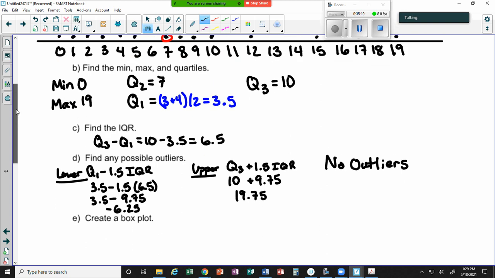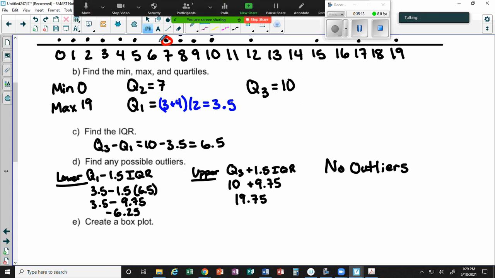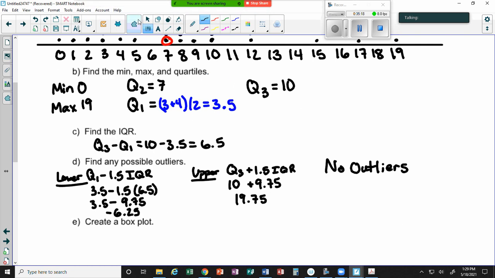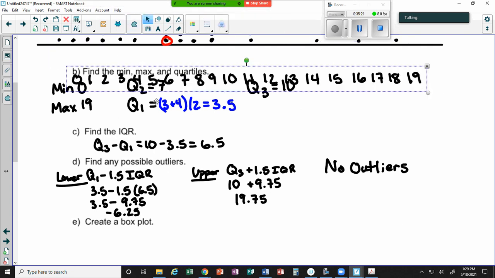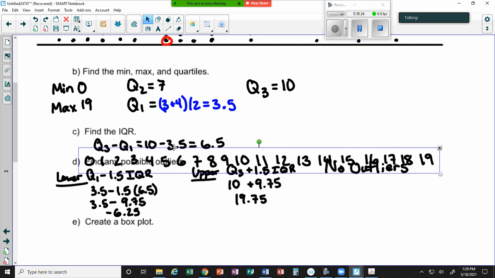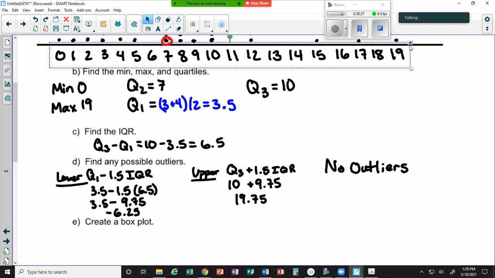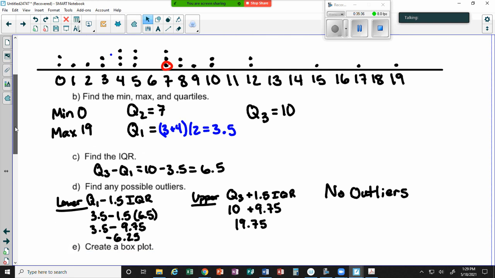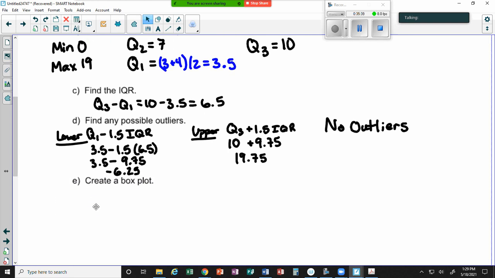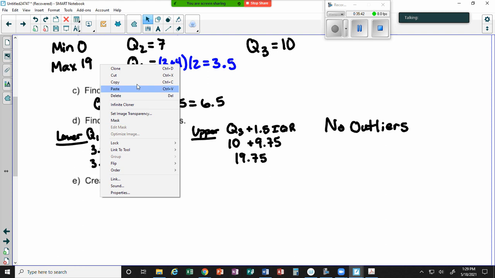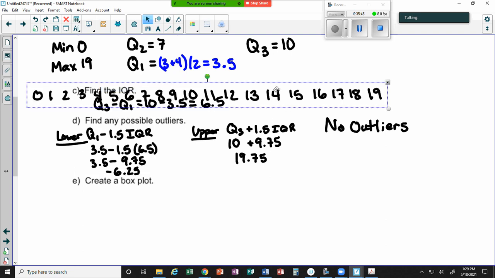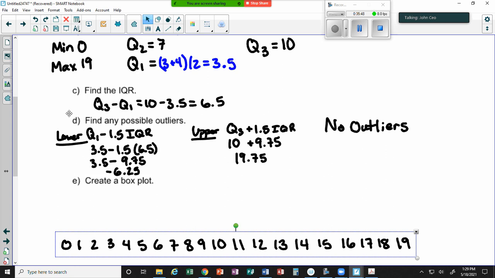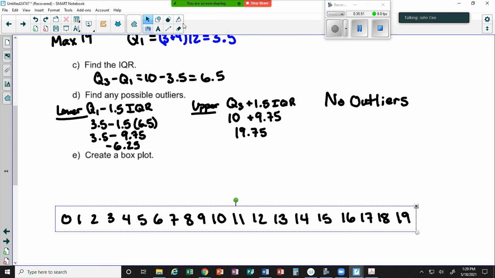Create a box plot. Let's see if I can grab this here. So bring this down, the values I need on it.